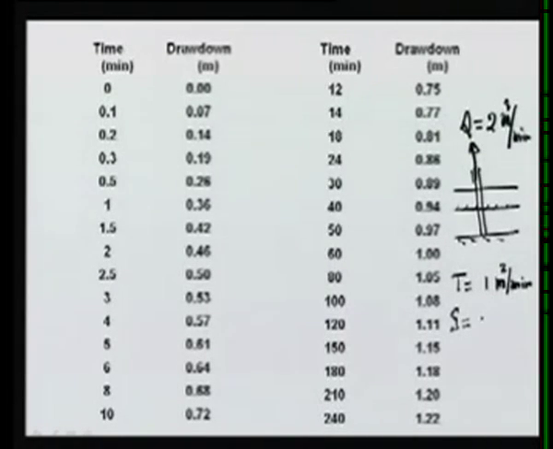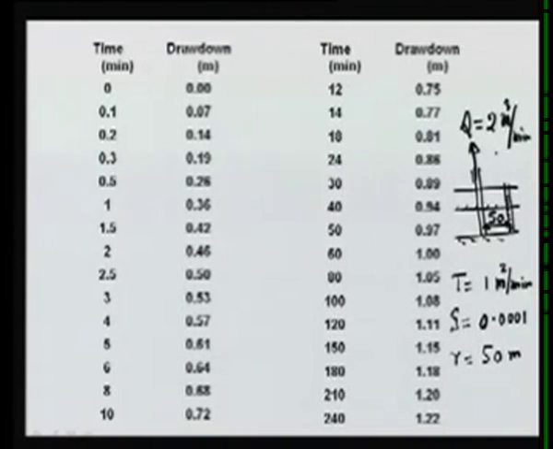Storativity as 0.0001. Now there is an observation well which is 50 meters from the pumping well, and the water level in this observation well is being monitored. So R is 50 meters.